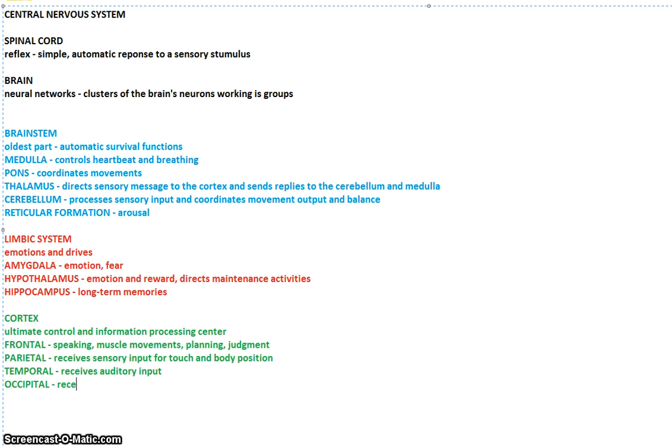And this receives visual input. But again, this temporal lobe is in charge of hearing. So even if you are deaf, you still use your temporal lobe. If you're watching someone sign, it's going to come in through that occipital lobe and then get transferred over to the temporal lobe for you to understand what is going on there. So those are the lobes.